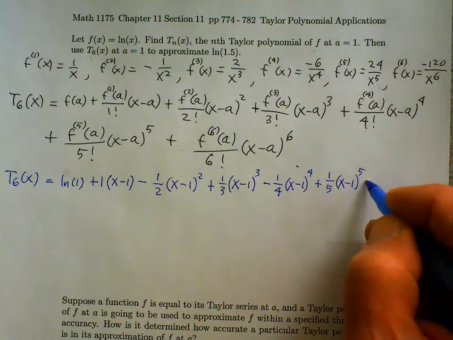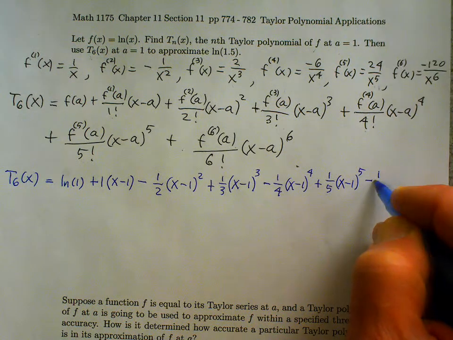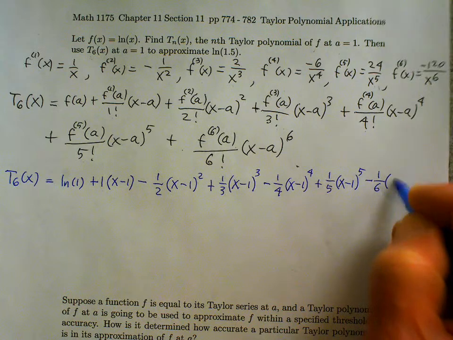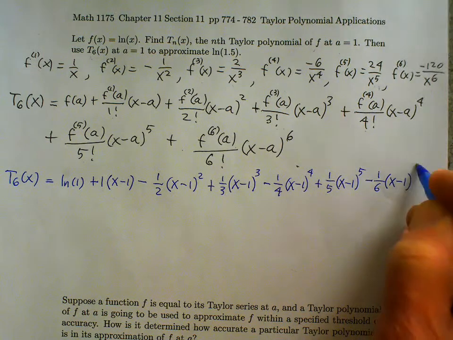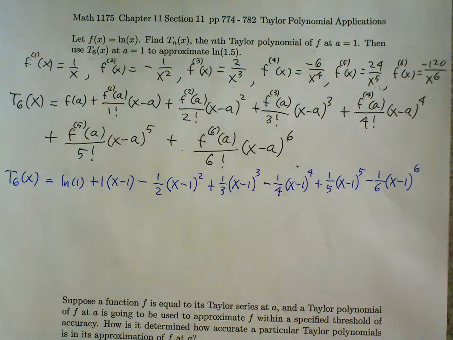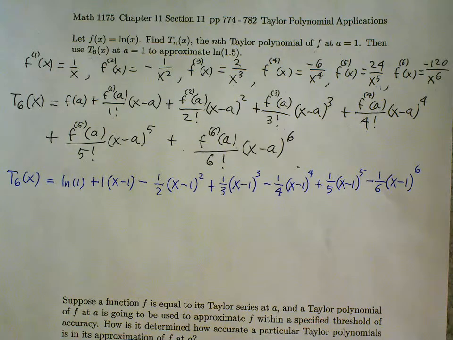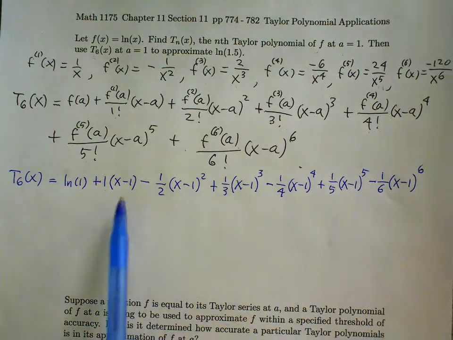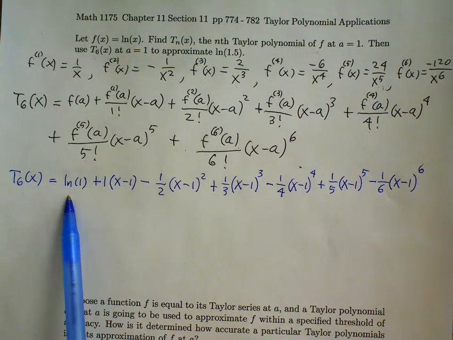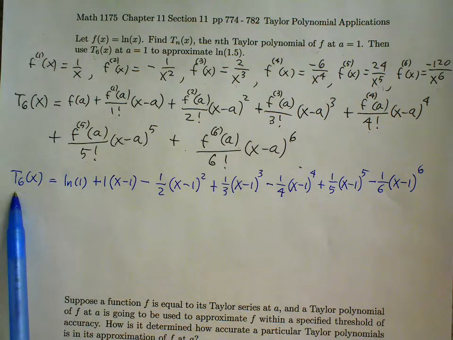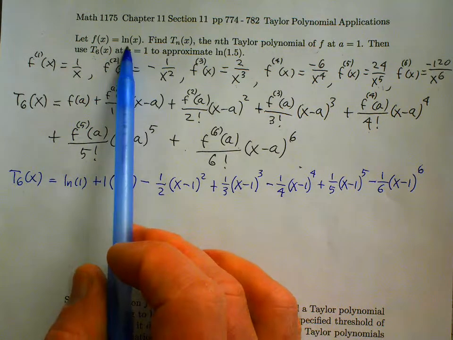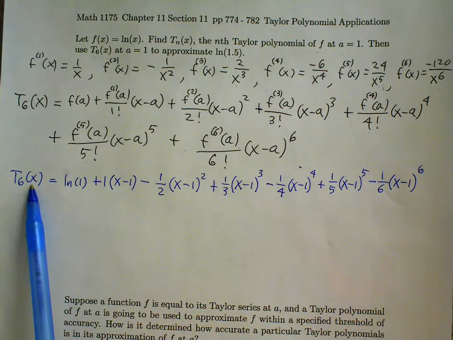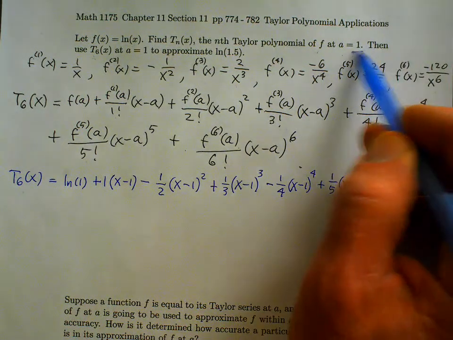So we just have minus 1/6 times x minus 1 to the sixth. So that is our degree 6 Taylor polynomial that can be used to approximate the natural log of x for values of x near x equals 1.